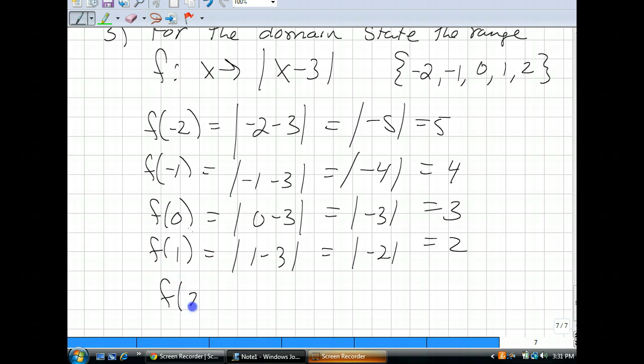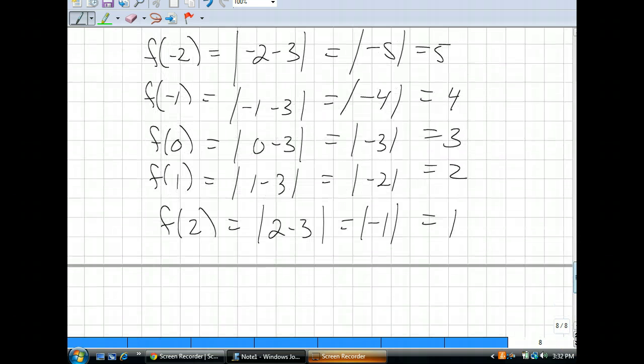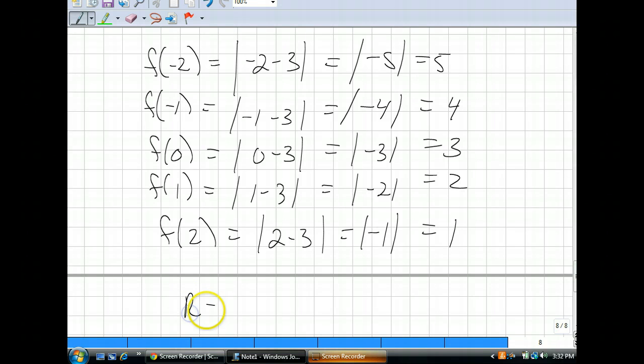And if I put 2 in for x, that gives me 1. So my range is the set of 5, 4, 3, 2, 1.